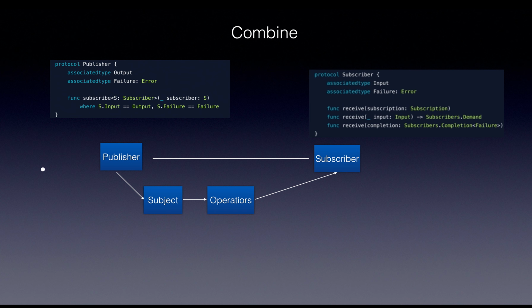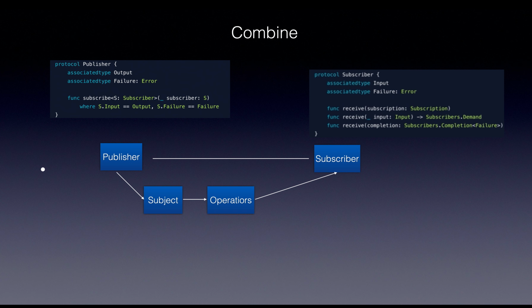The receive subscription method will be called by the publisher on the success of the subscription, and receive input is called by the publisher to emit the values to the subscriber, and receive completion is sent when the emission is completed. So when a subscriber subscribes to the publisher, it calls the key function in the publisher, subscribe.